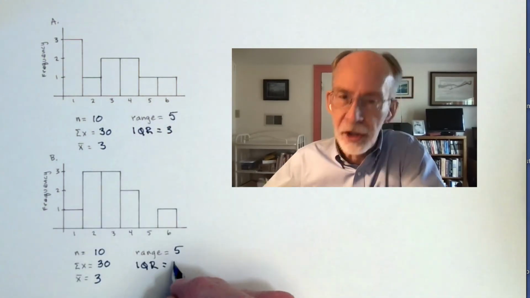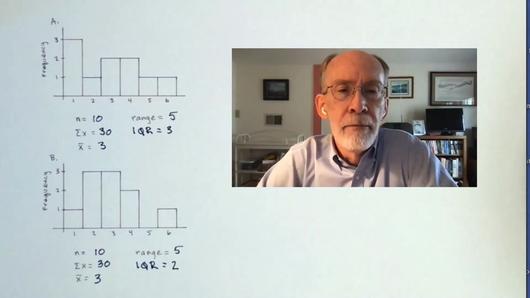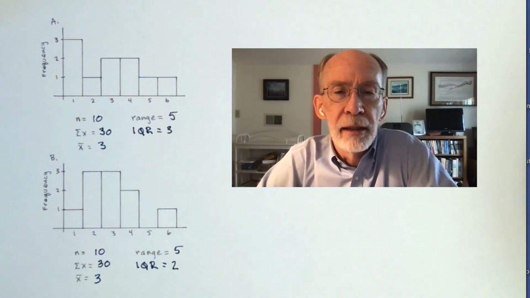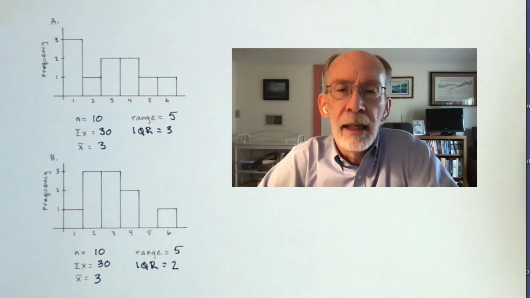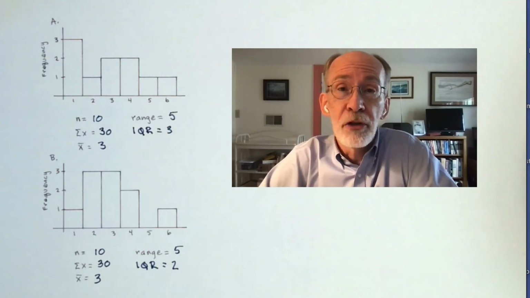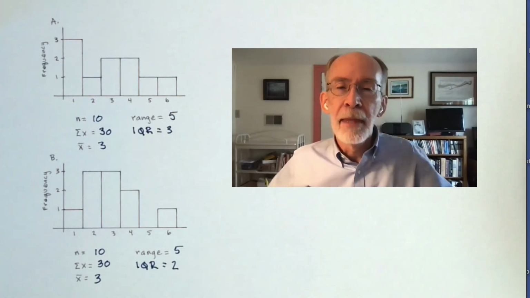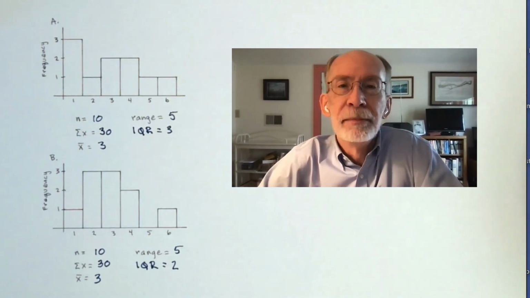The interquartile range is 2. So a bit of a difference does begin to emerge when we start measuring spread a little more sensitively, comparing data set A and data set B. If you'd like to know more about interquartile range, we have a video on this channel that describes how to calculate it. I'll leave a link to that in the description for this video.